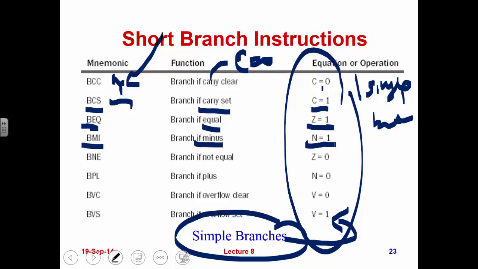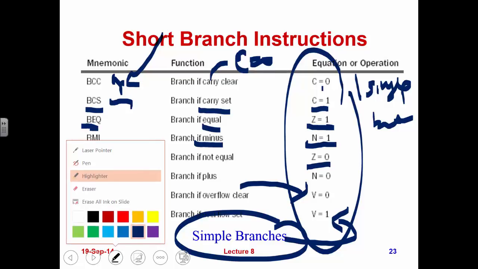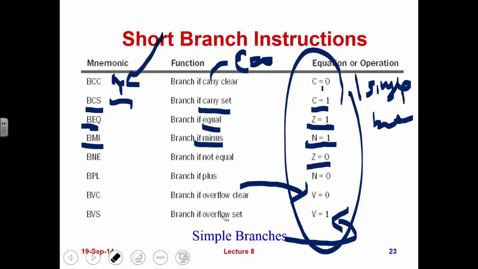BNE is right here. Branch if not equal. If not equal, it means we compare two numbers and they're not equal. The result is not 0, so Z is equal to 0. And we have branch if plus, and branch if overflow clear. Overflow clear means V is equal to 0, meaning we have no overflow error. This one is branch if overflow set, meaning V is equal to 1.